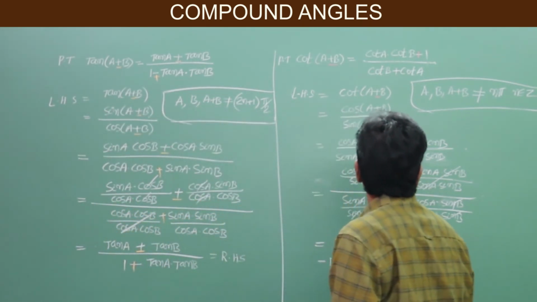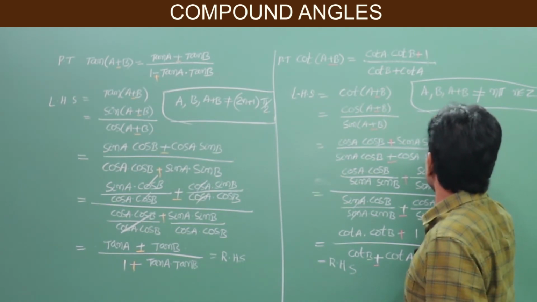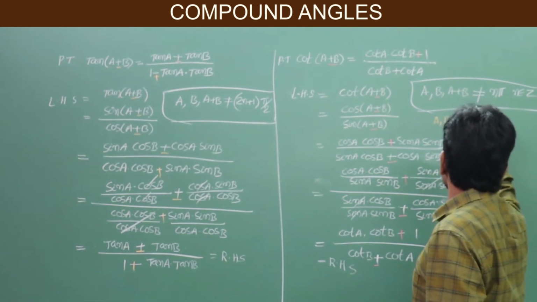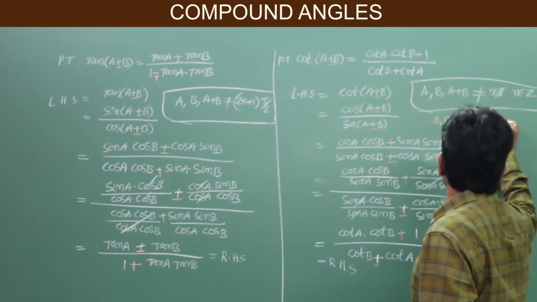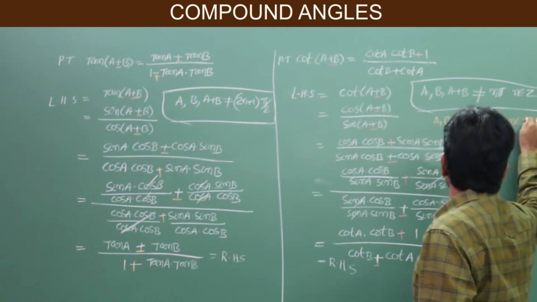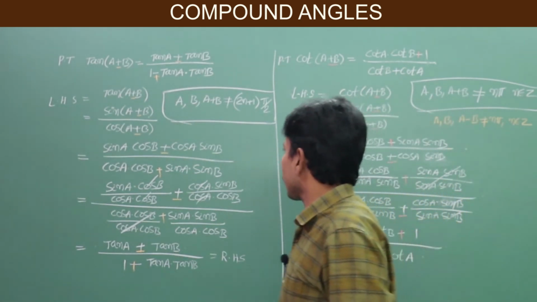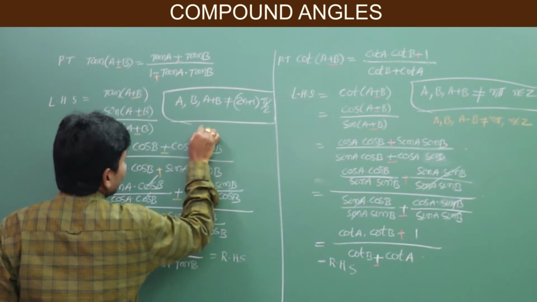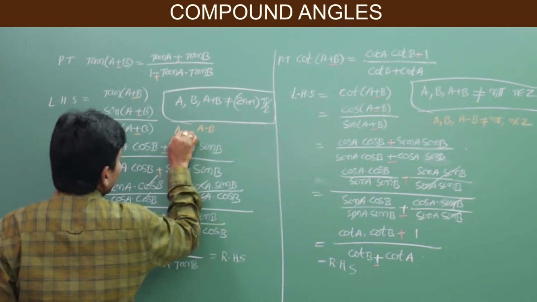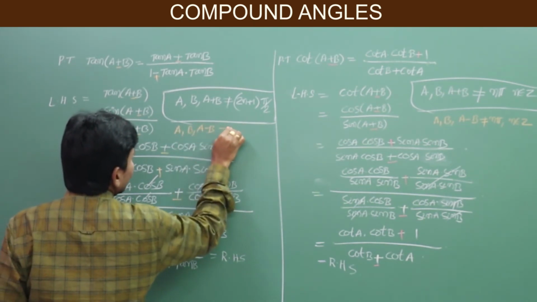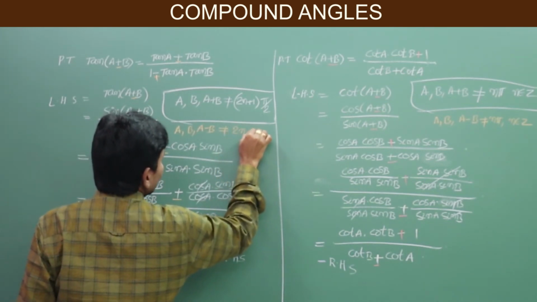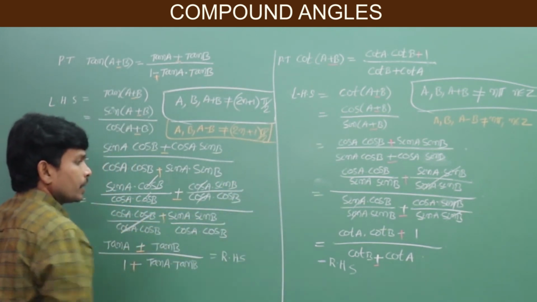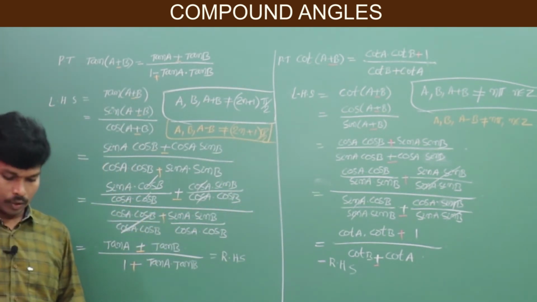Here a, b, a minus b is not equal to n pi. It means that the angle a minus b also should not take a multiple of 180. Here also a, b, a minus b is not equal to 2n plus 1 into pi by 2. Yes or no?